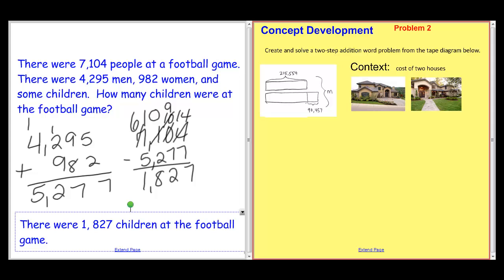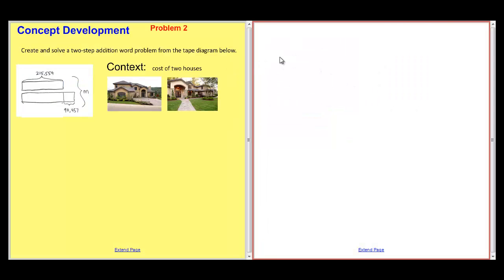So let's get started on our story problem here. So again, I'm going to type. So let's say two houses were for sale.